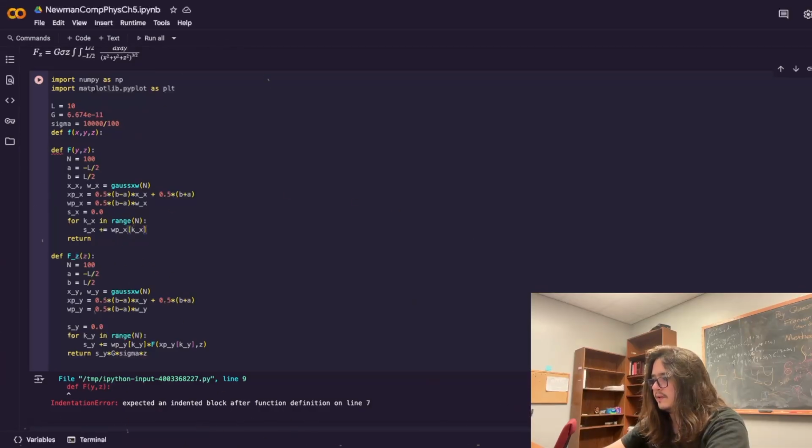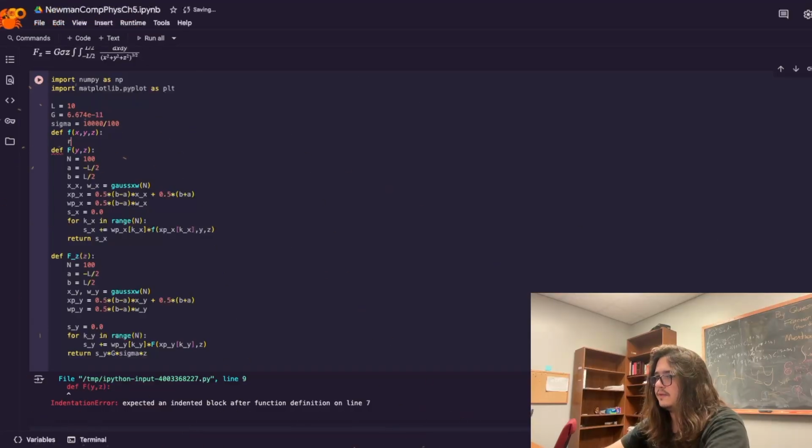Realize I'm fat fingering quite terribly. And then little f, this is an integral over x, so we're going to have the first argument be xp sub x index k sub x. Then the second argument can be just y, and the third argument can be just z. And then we return s sub x for that.